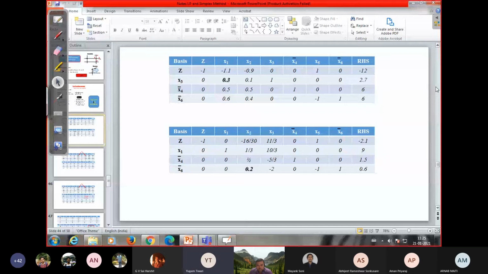So only their coefficients are mentioned, I guess. But what about this right hand side? The right hand side is the right hand side of those equations, right? 2.766. Can we say that these are actually the values of x3, x4 and x6?